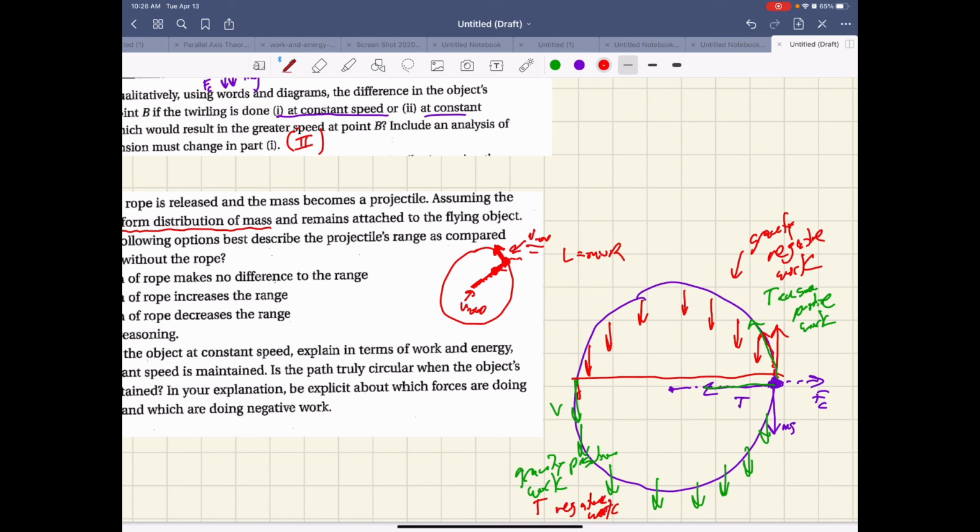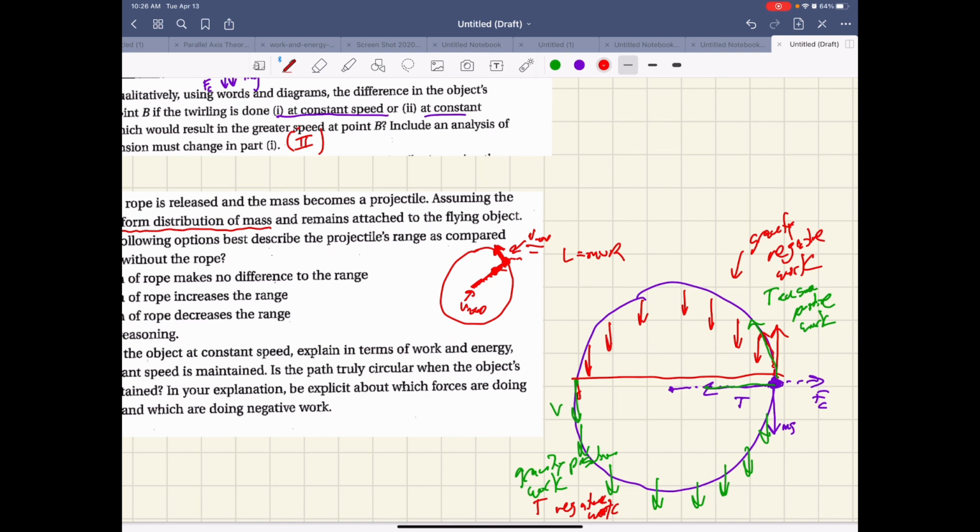Again, we need the net work to be zero. If you're maintaining a constant velocity, that means you're having no change in kinetic energy in this case. So the work needs to cancel. Whatever gravity does, tension has to undo it in the other direction.